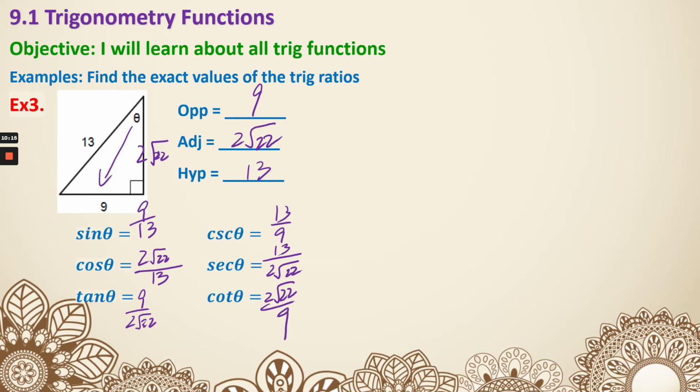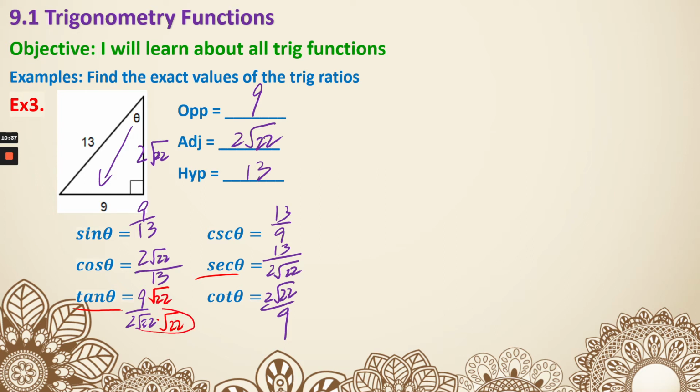One last thing. You'll recall, we have learned about radicals in unit 2. And we have learned we cannot have a radical on the bottom of the fractions. So that means there are some things we need to do. We need to simplify tangent and in order to get rid of the square root of 22, we are going to multiply both the top and the bottom by square root of 22.